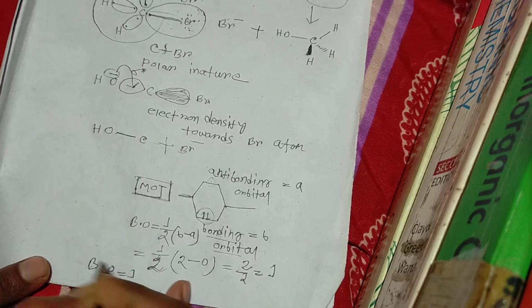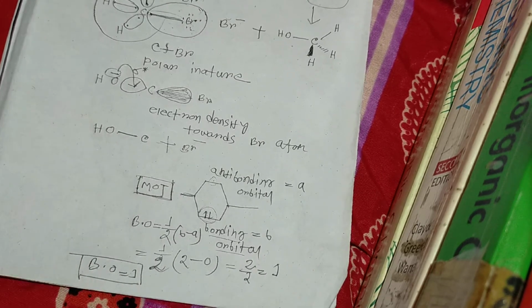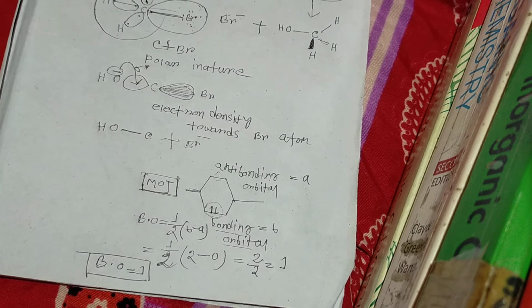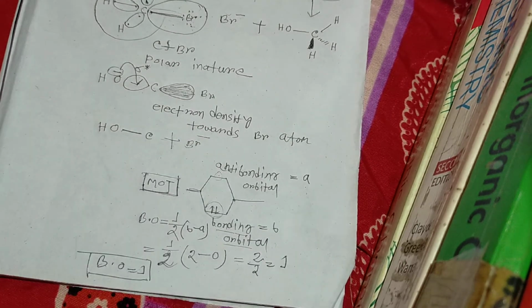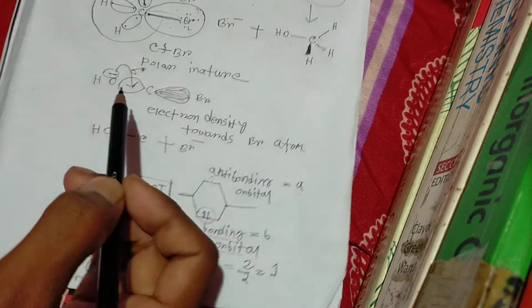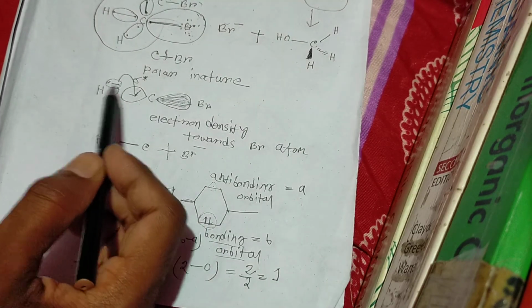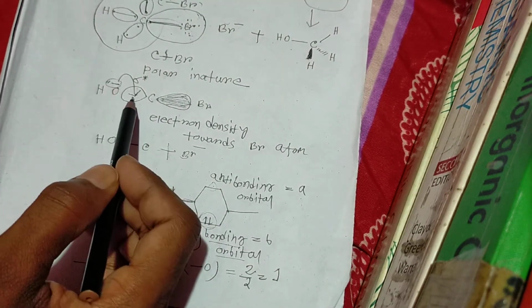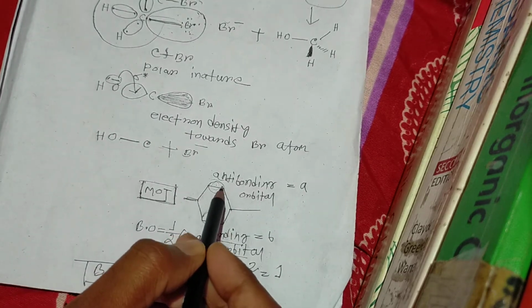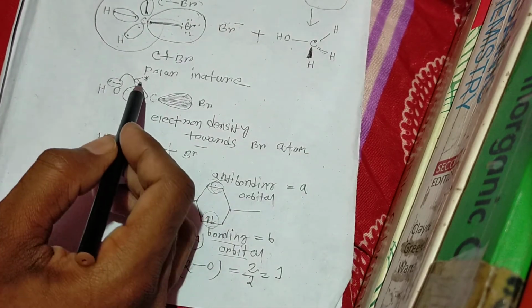Bond order equals 1. You understand? Do you all understand, guys? Bond order 1 means a bond formation occurs.